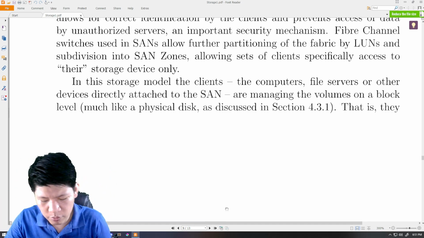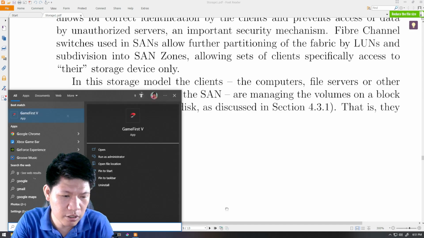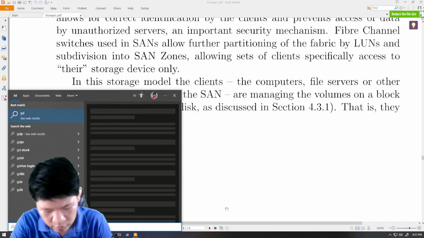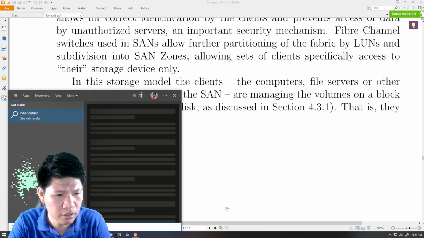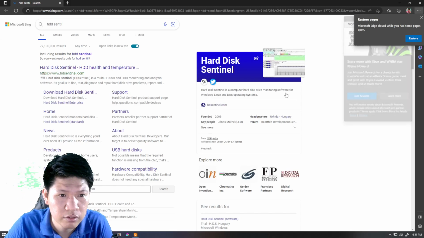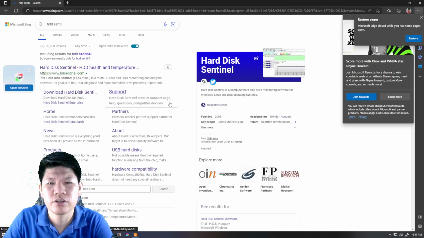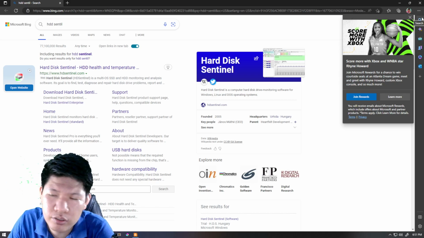For my end, I use Hard Disk Sentinel, which is a monitoring app for my storage media or storage platforms.